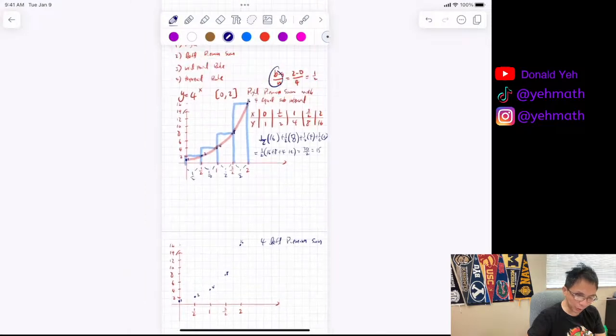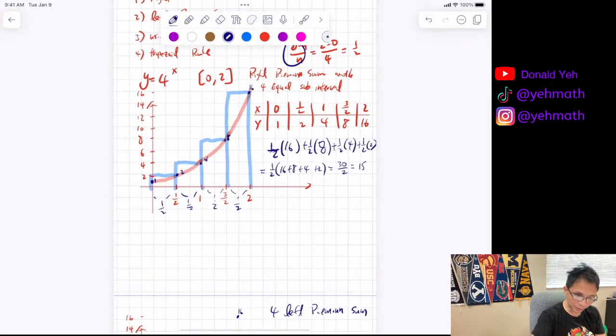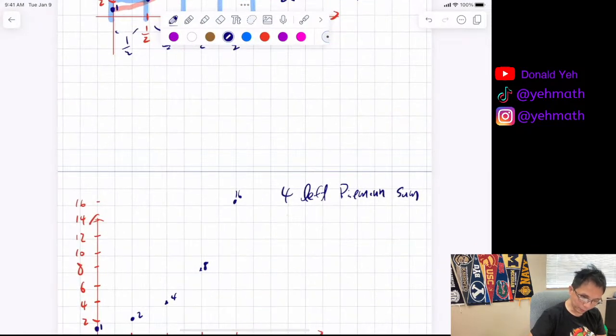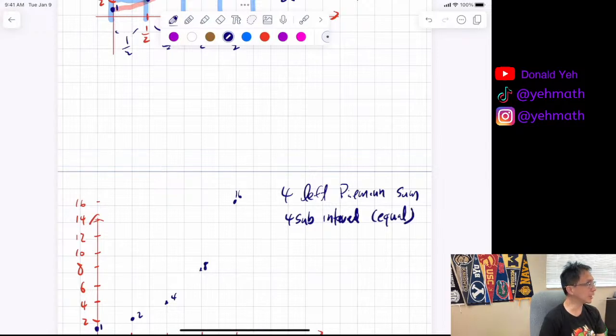Now they are equal intervals. Let me write down the equal intervals: 4 subintervals, equal. Sometimes on your homework, you're going to have n equal intervals, so you're going to have a different width.